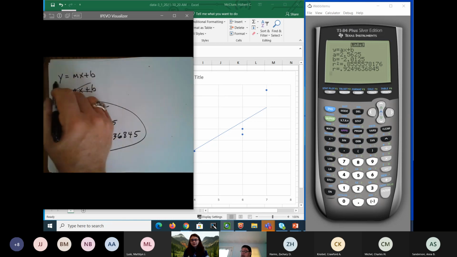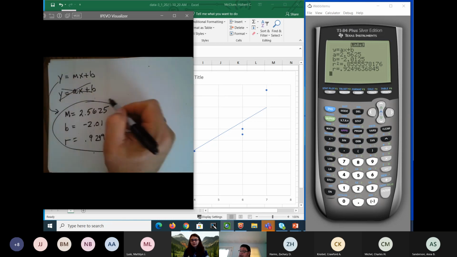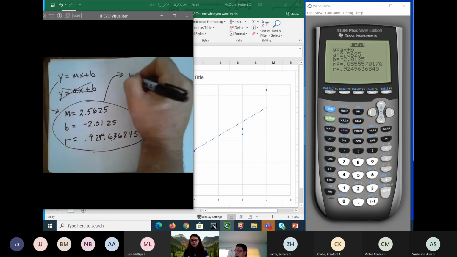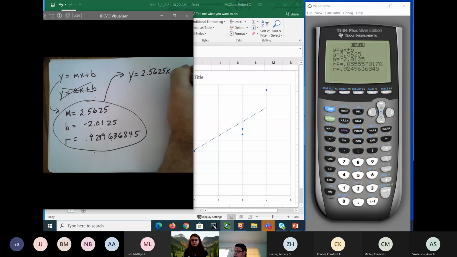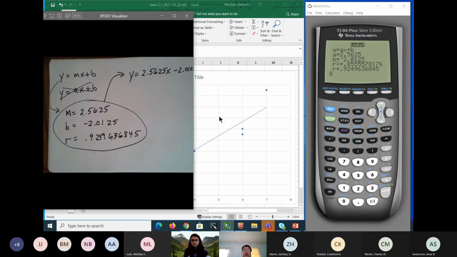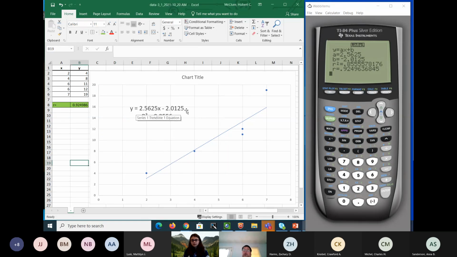Now you can take this, plug and chug, and you get y is equal to 2.5625x minus 2.0125. And that should be what they got right here. And of course, r is 0.9249.